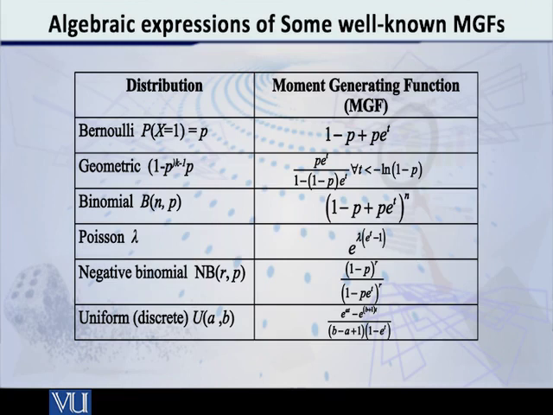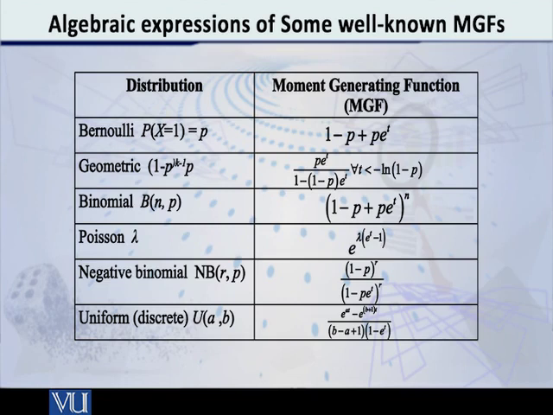इसके बाद let us talk about the binomial distribution. आप जानते ही हैं कि binomial distribution में we have not just one parameter p, but we have two parameters n and p. n is the number of trials. और ये भी जानते हैं कि अगर हम n को 1 कर दें, तो then we get back to the Bernoulli distribution. तो जो बाइनोमियल है जिसके अंदर n और p दोनों हैं, उसका जो MGF है वो क्या है?